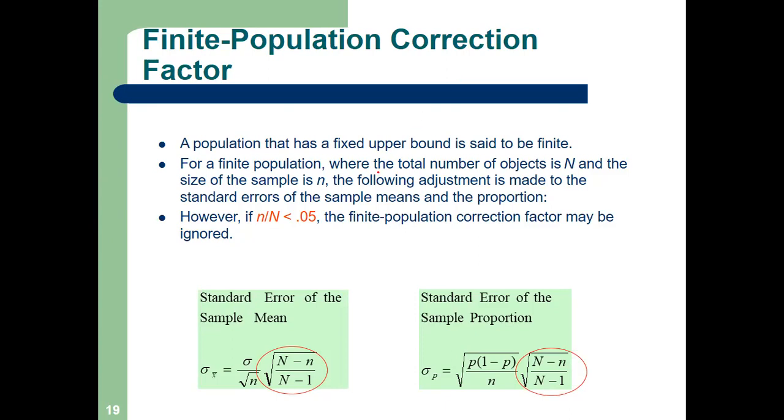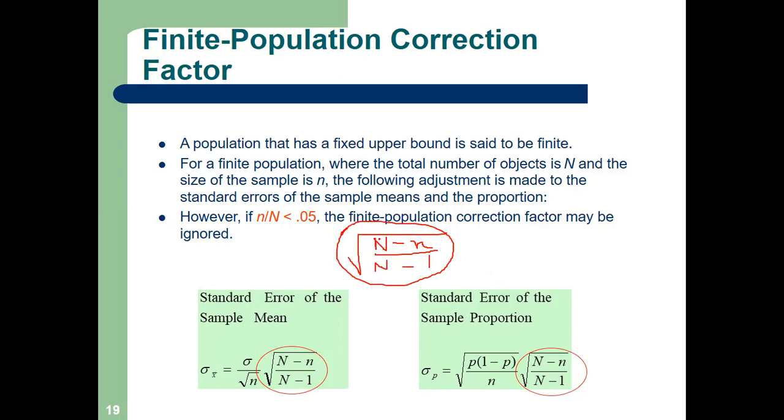This is the correction factor, root over capital N minus n by capital N minus 1. This is called the finite population correction factor. All of you please write this, very important.